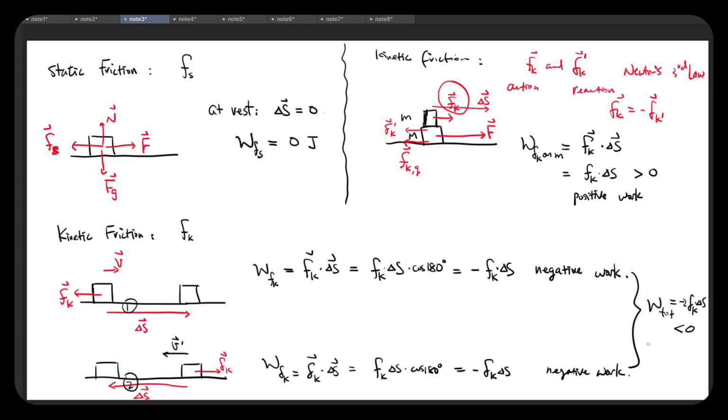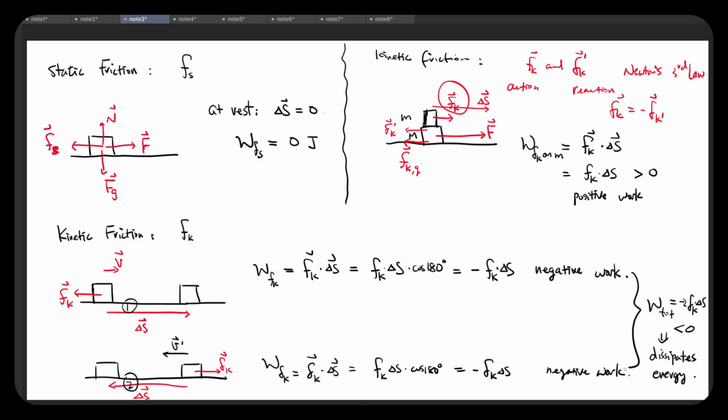And we'll see in the future that this means that the work done by this kinetic friction always dissipates mechanical energy of the system.